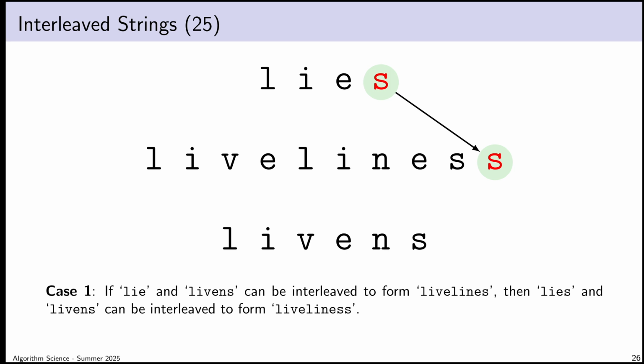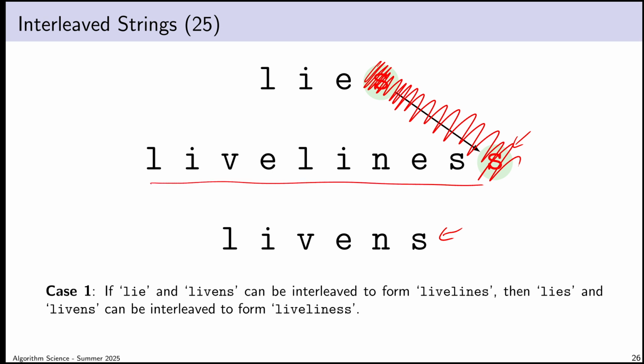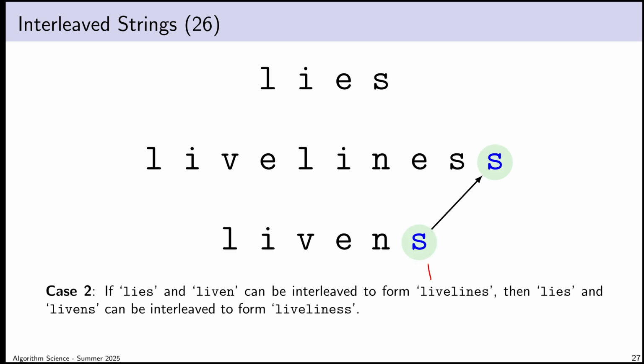Case one, in the event that I take the S from the first string, the string on top, then this reduces to the subproblem of deciding whether there is a way to interleave the string "lie" and the string "livens" to make the string "liveliness" minus its last character, "livelines". Case two, in the event that I take the last character from the string on the bottom, then the subproblem I want to solve is whether there is an interleaving of the word "lies" and the word "liven" to make the word "livelines".